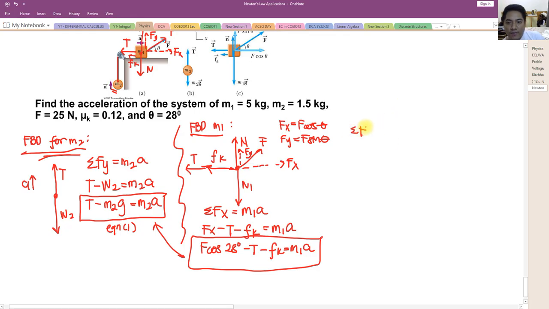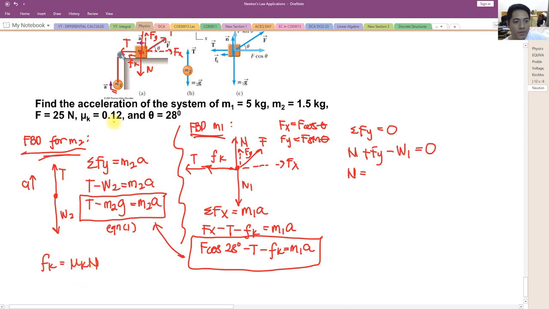The summation of Fy for mass 1 is 0, because it's not moving upward or downward. So now we have normal force going upward, Fy going upward, minus W1 going downward equals 0.